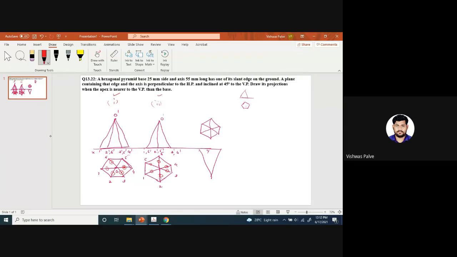If I completely tilt this object and want to redraw it, how am I going to redraw it? I'll just show you.